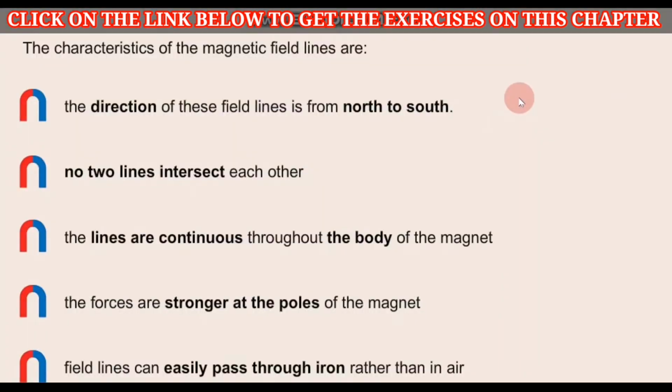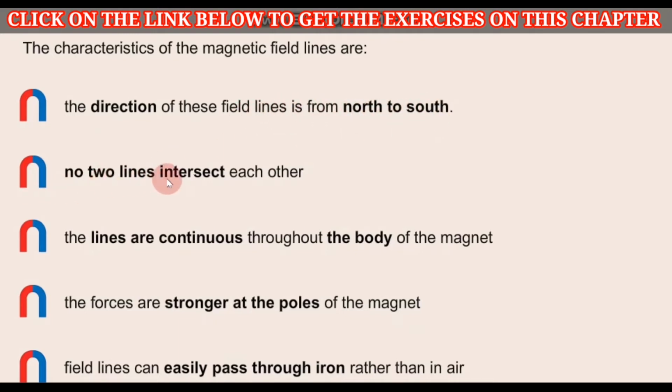So from the first two diagrams, we can say that the magnetic field lines indicate the direction of the magnetic force, and the density of the lines represents the magnitude of the force. So these are the characteristics of the magnetic field lines, in which the direction of the field line is from the north to the south.